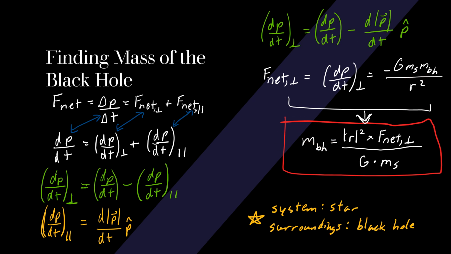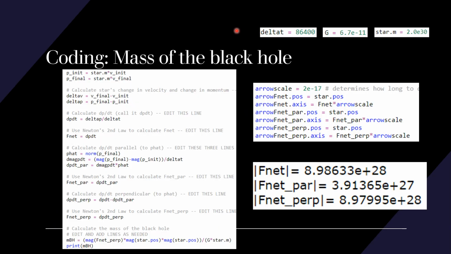So for the coding in this part of the lab, start out by finding our net force, which we do by finding dP dt, and this is all shown right here. And then we'll move on to finding the individual components of the force. And we do that by finding dP dt in the parallel direction shown here, subtracting that from the overall force to get the net force in the perpendicular direction.